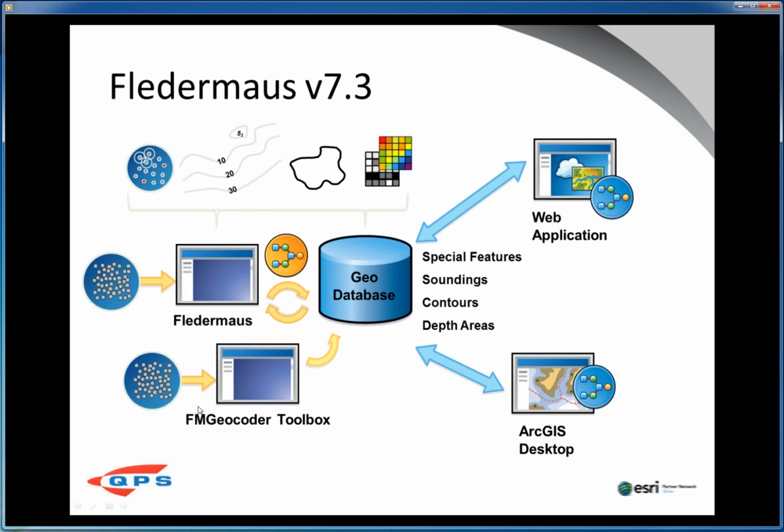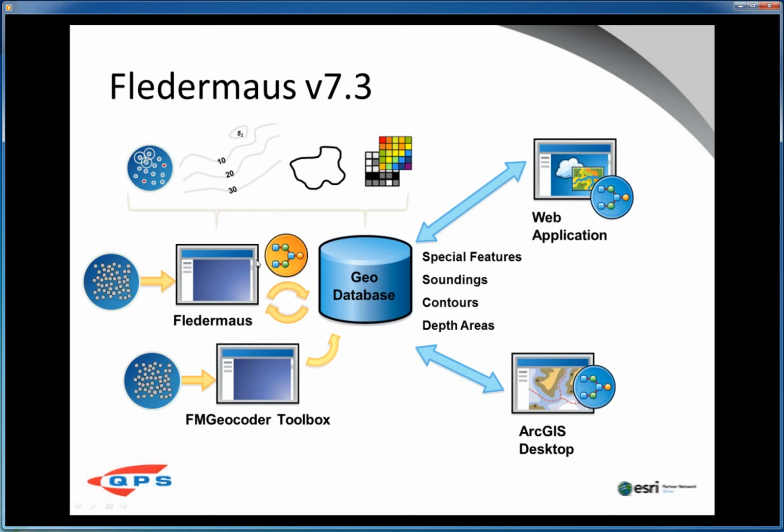We also can have raw data now coming into FM Geocoder Toolbox, or FMGT, which is our backscatter processing module. There we can create backscatter mosaics, transfer the mosaics and information into the geodatabase, and again move to ArcGIS or web applications.